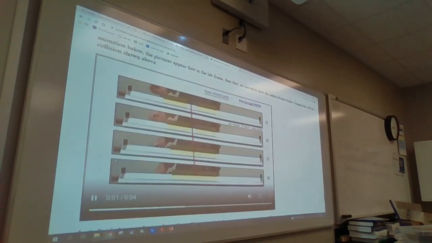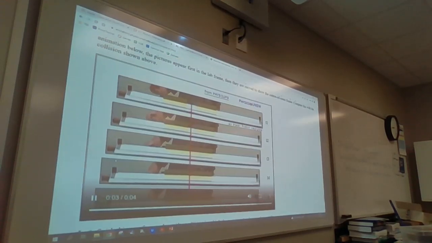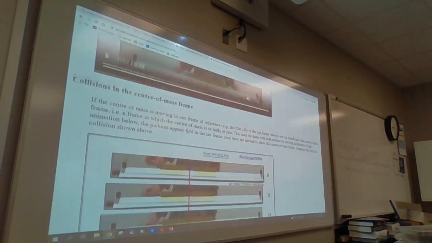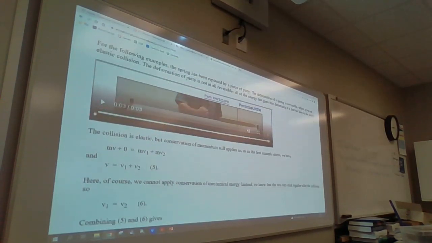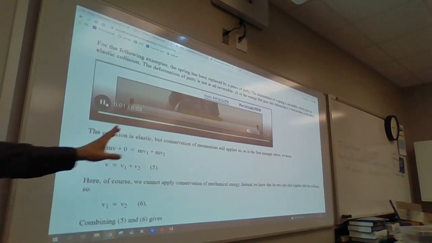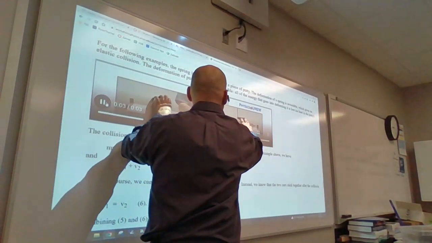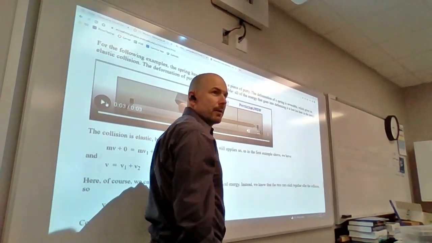For the same experiment, what it looks like is that the location of the center of mass stays the same, and it looks like the two sleds are coming together. Does that make sense? Like if my frame of reference was tracking along here, what I would see is the two carts coming like that.